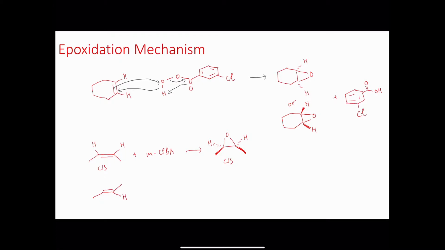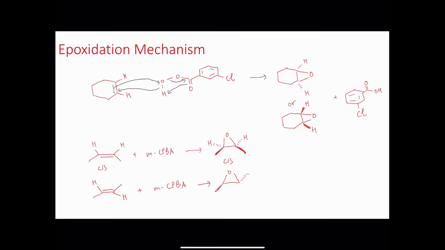And if we have a trans alkene, this is a trans alkene because the two hydrogens are on opposite sides of the double bond. So the trans alkene reacts with MCPBA, and we're gonna have the trans epoxide.